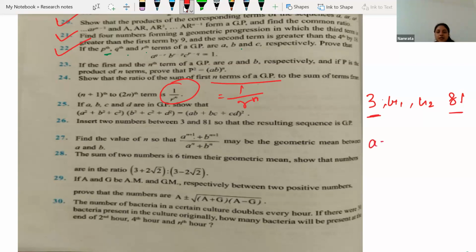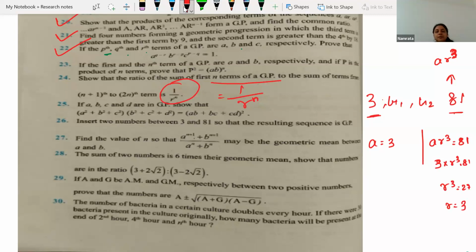So we can say A is 3 over here, and the formula for the fourth term is AR to the power n minus 1, that means AR cube is equal to 81. So A value we already know as 3, into R cube is equal to 81. So we will be getting R cube as 27, which will give R value as 3. Is it clear so far?